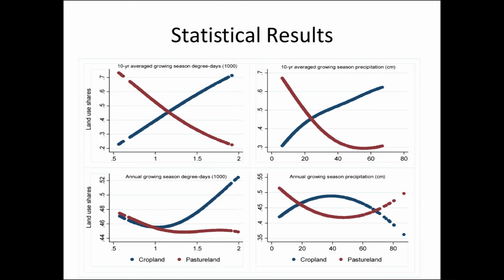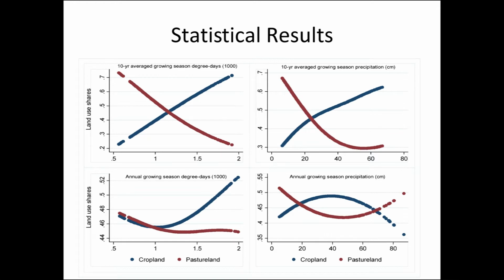So here is part of our statistical results. From this graph, you see the blue line is crop land, the red line is pasture land. So crop land is increasing as precipitation increases or with more degree days with temperature between 8 to 32 Celsius degrees.